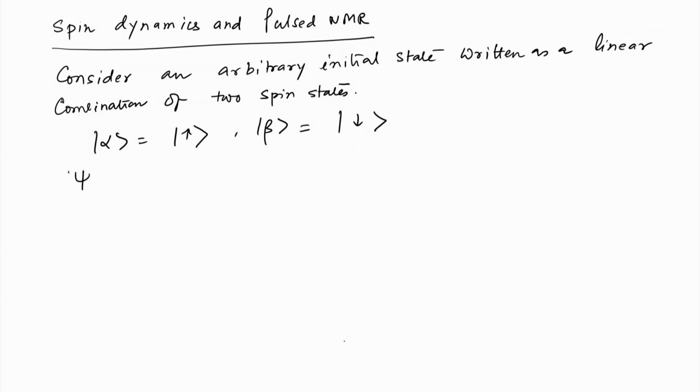So, the superposed state is written as psi(t) equal to C alpha(t) alpha plus C beta(t) beta. Remember that the time dependencies are all carried by the coefficients, and the basis states, alpha and beta, are the same all the while.